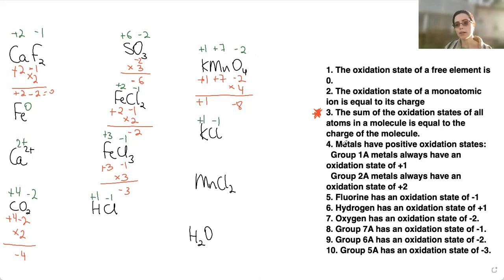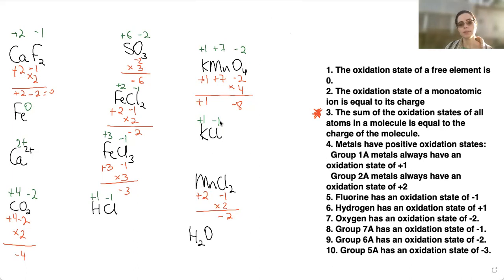Metals, we don't have group 1A or group 2A metals. No fluorine, no hydrogen, no oxygen. Group 7A. Yeah, so that chlorine is group 7A, so we have to assign -1, and then we multiply by 2, we get -2, so manganese has to be +2.